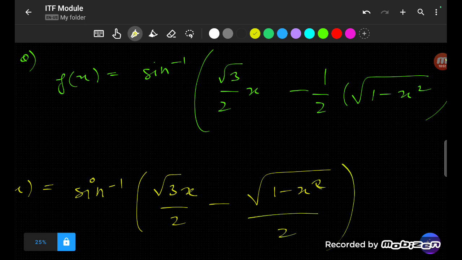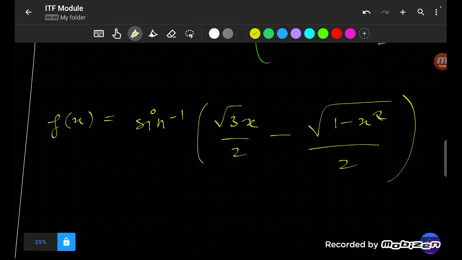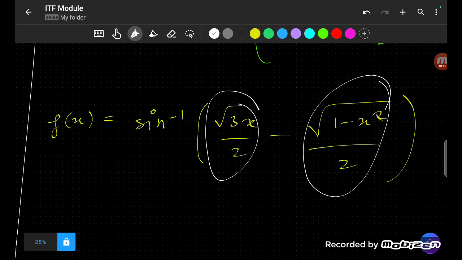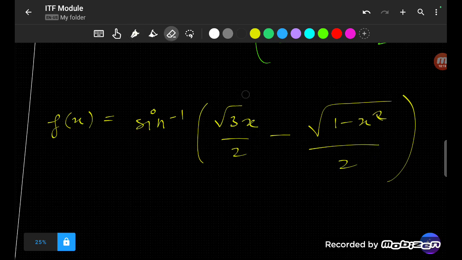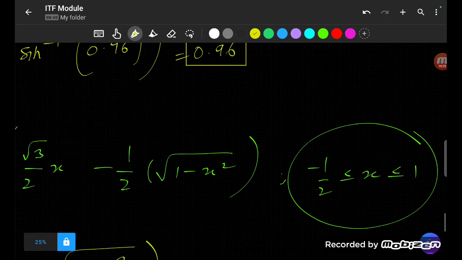So now what do we do here? I just wanted to think about it. We have root 3x minus 2. This is inside the sine inverse, I can take something from this and maybe from this too, half root 1 minus x square.